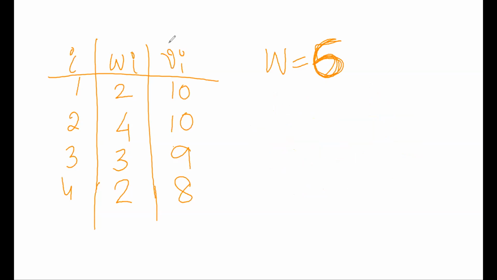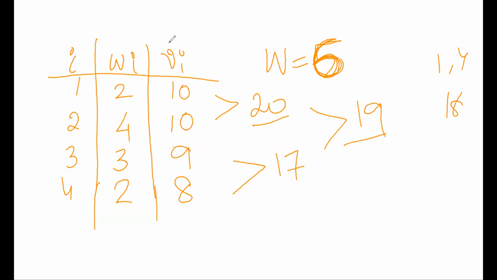You can get 1 and 2 item for a profit of 20. You can get 3 and 2 for a profit of 17. You can have 2 and 3 for 19. What other combination is possible? 1 and 4 is 18. Okay, so these are all the values. So obviously 20 is the highest. So we will go for that.